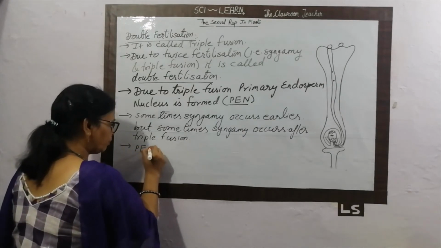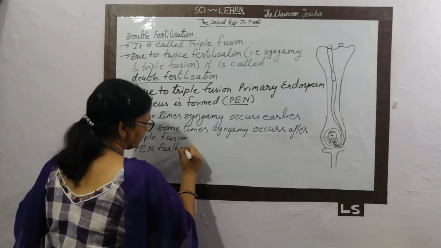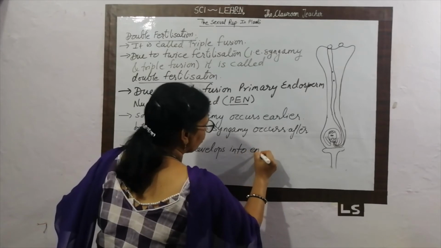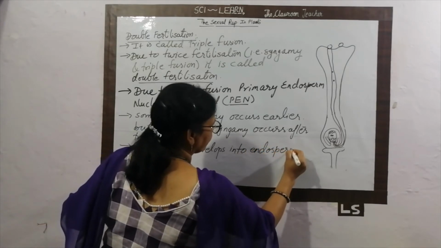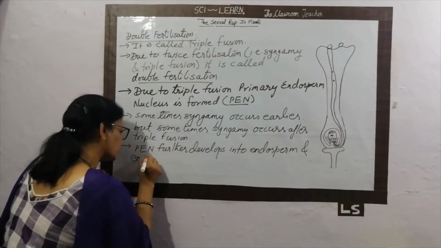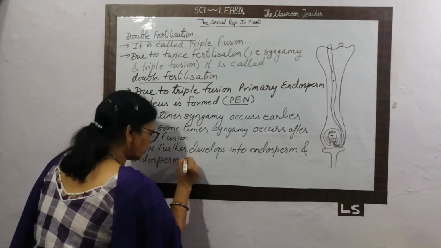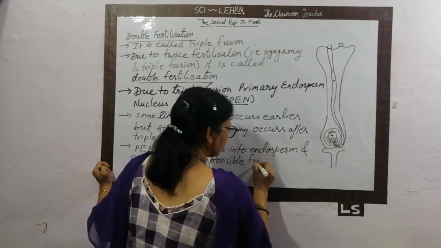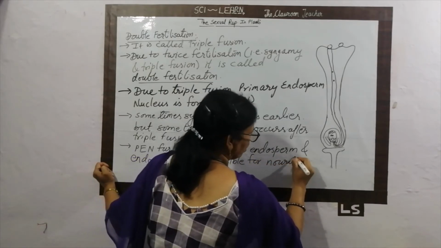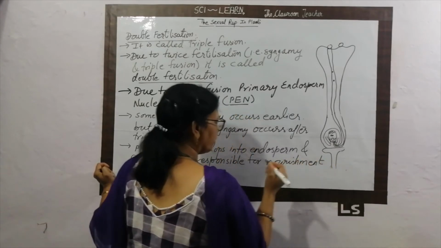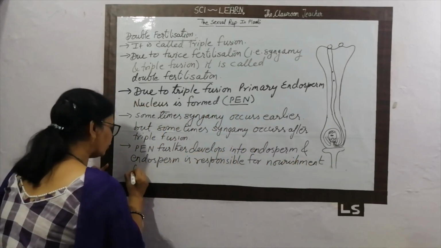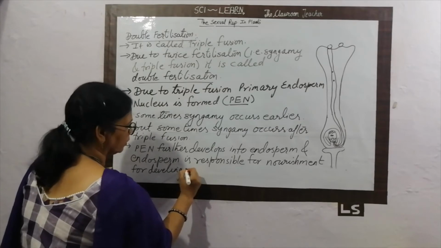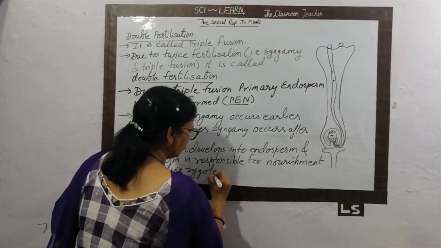The primary endosperm nucleus further develops into endosperm, and endosperm is responsible for nourishment for the developing zygote or embryo.